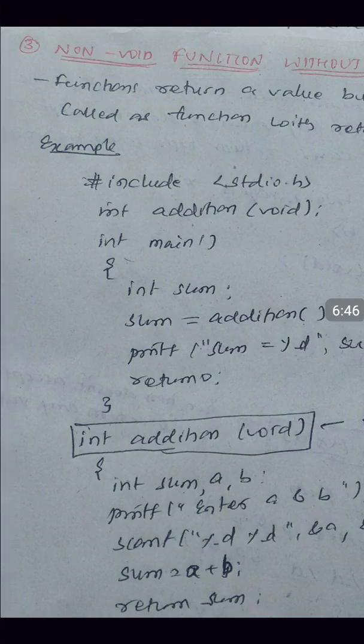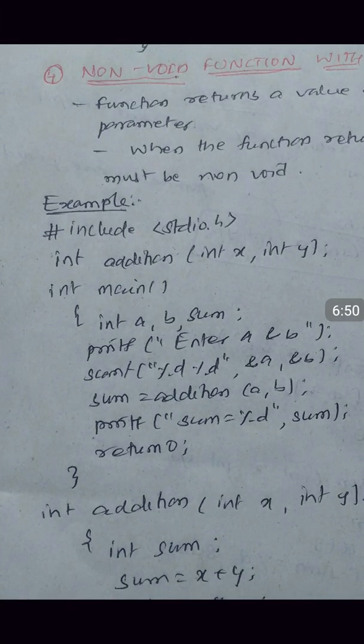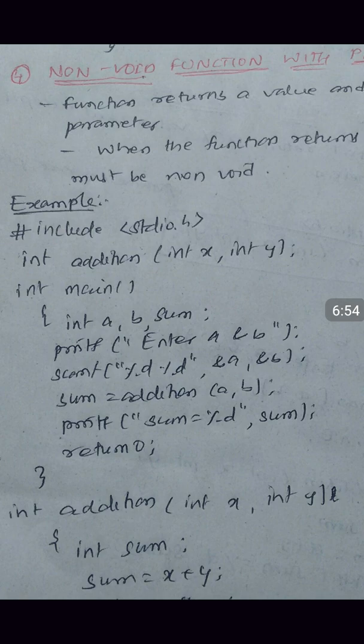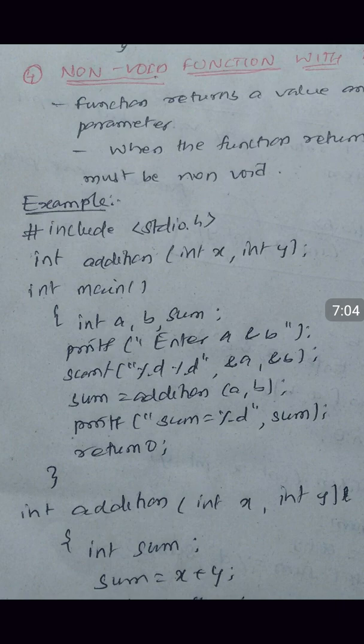And the fourth classification is a non-void function with parameters. In this one, the function is going to return a data type and also accept data. So in this example function definition we have used int addition, int x comma int y.